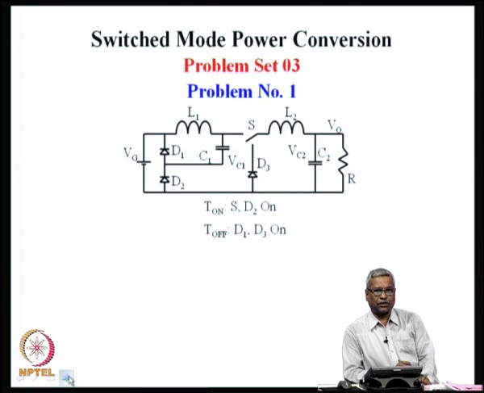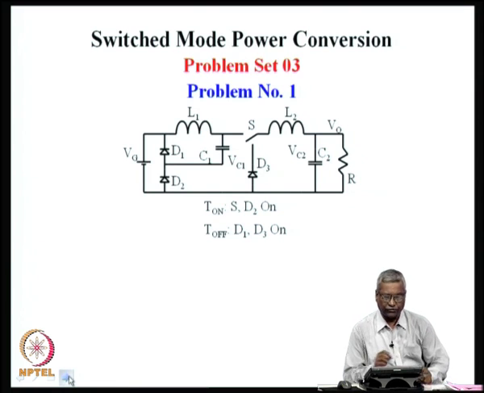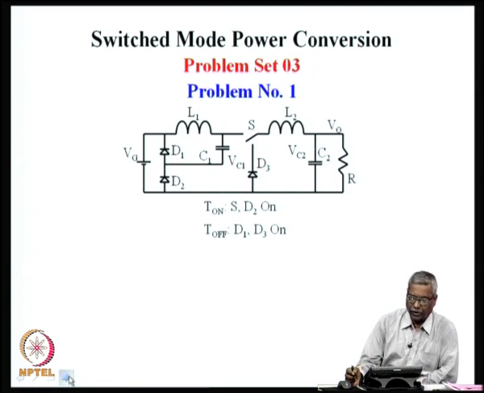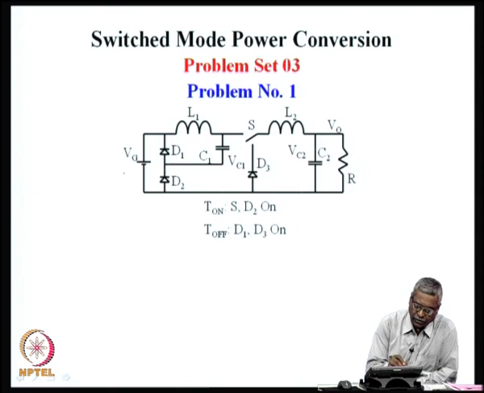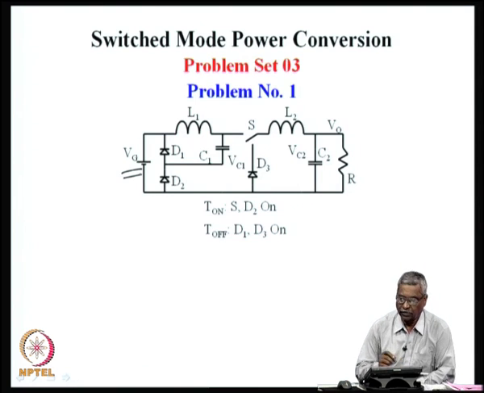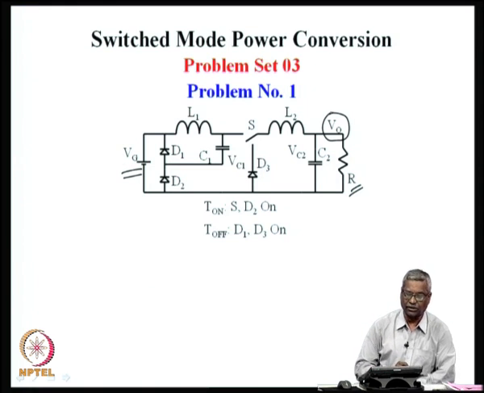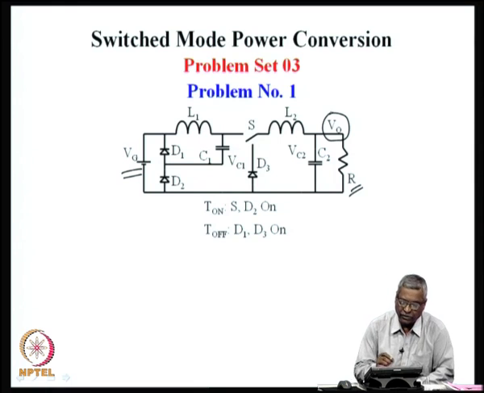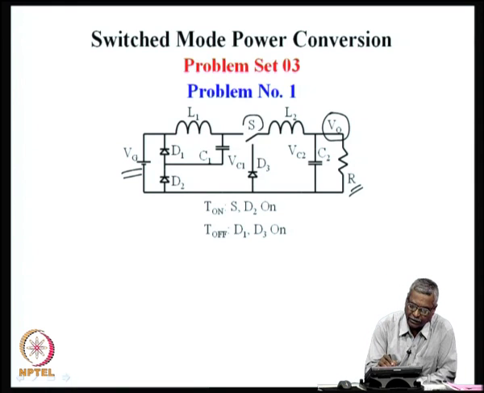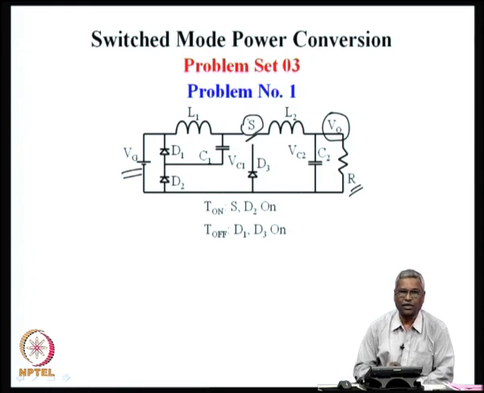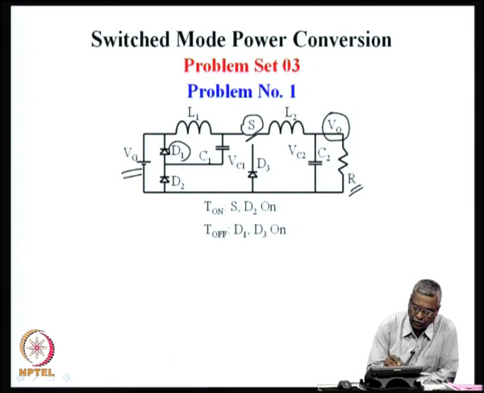This is the problem set which we would like to see first. You will notice that there is a source which is Vg, and to the load, a resistive load, a voltage of V naught is delivered by this power conversion circuit. The power conversion circuit has an active switch S and several passive switches D1, D2 and D3.